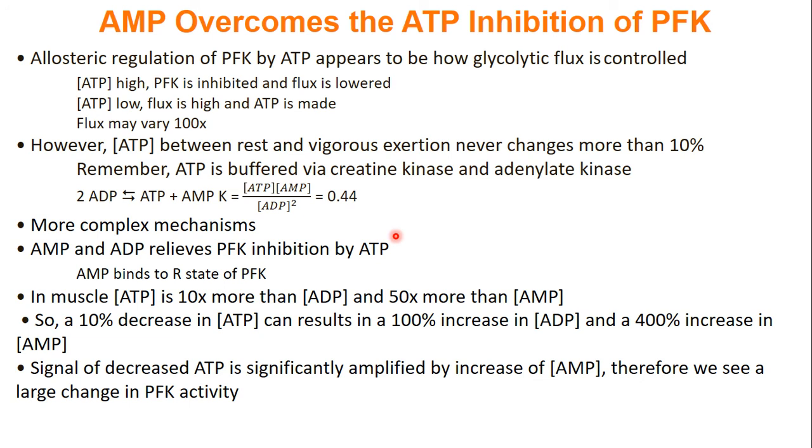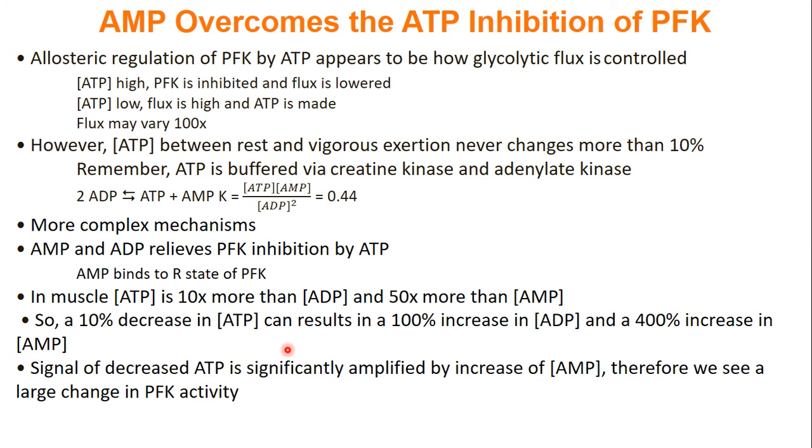And the reason why this is the mechanism for our control is that in your muscles, the concentration of ATP is 10 times more than ADP, and the concentration is 15 times more than AMP. And what that means, by thinking about that this ratio always has to be 0.44, is that if you decrease your ATP by 10%, this results in a 100% increase in ADP and a 400% increase in AMP.